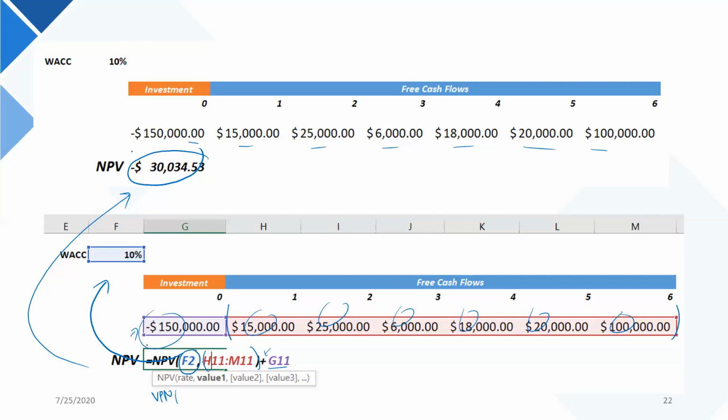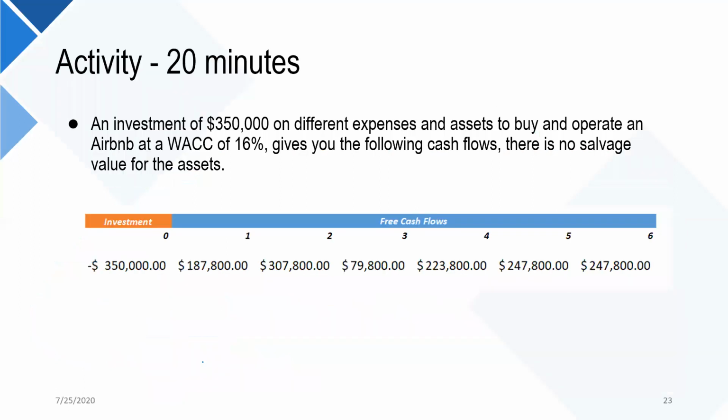So let's do an exercise. Again, let's do our famous exercises of breakout rooms for you guys to practice. Okay, so it's gonna be a 20 minutes activity. I want you guys to write down these numbers. That's an investment to buy and operate an Airbnb.